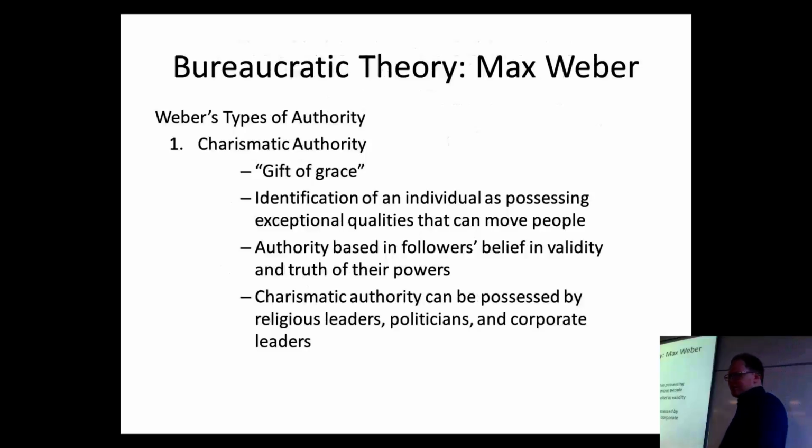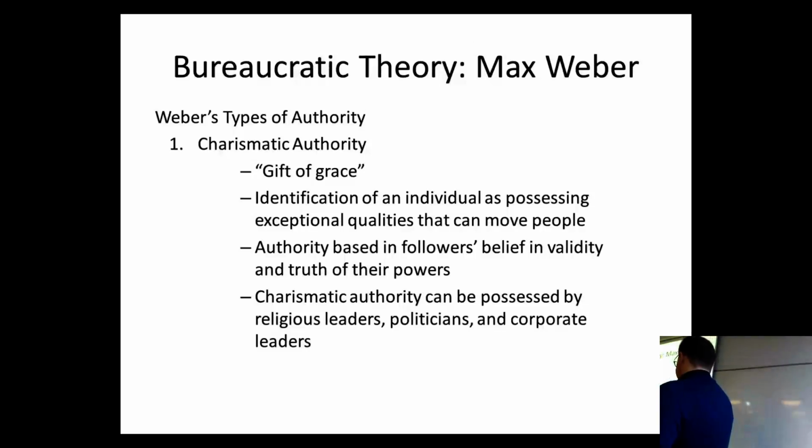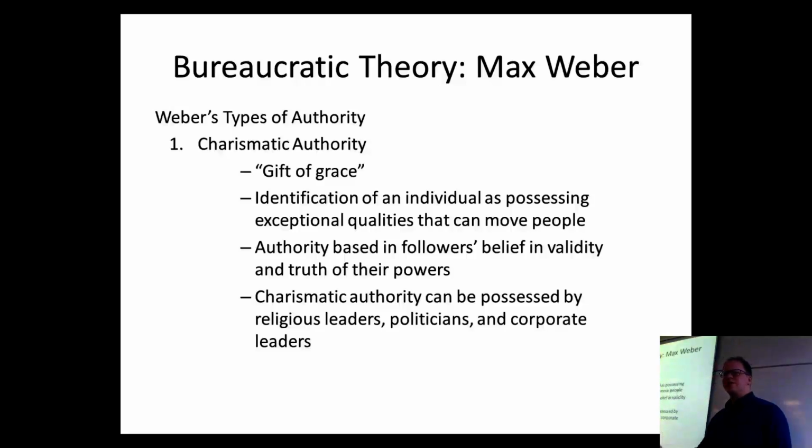Now, the types of authority that Weber recognized included charismatic authority, and this comes from the Latin, charisma, saying gift of grace, and this was more a recognition of the old societies. You noticed he was particularly surrounded by clerical and religious leaders, and there you couldn't prevail with financial power, but you often did so because you had a particular connection to people.